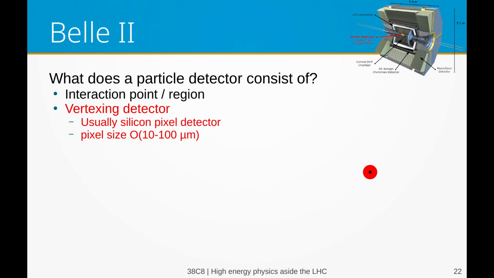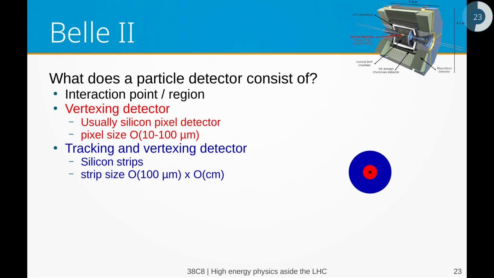Usually by now this is a silicon pixel detector with pixel sizes on the order of a few 10 micrometers, maybe 100 micrometers. This is nothing compared to your cell phone camera, which usually has pixels that are way smaller than a micrometer by now, but it's enough for us. And by now we usually have millions up to billions of pixels in a modern detector.